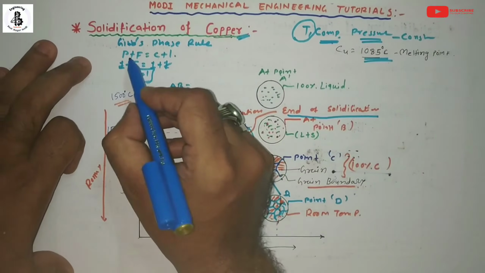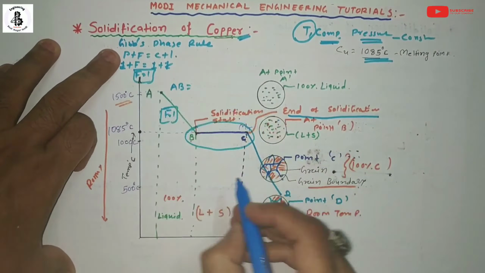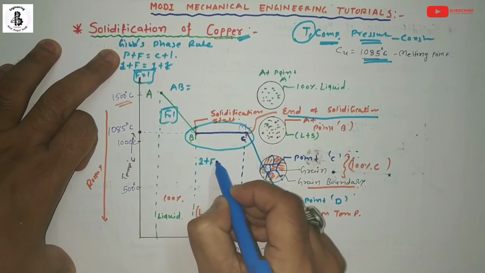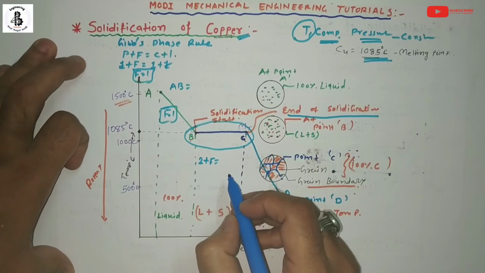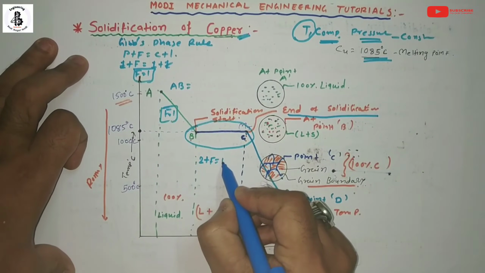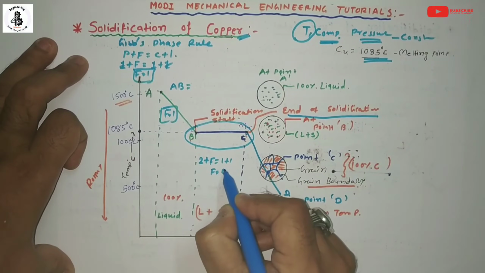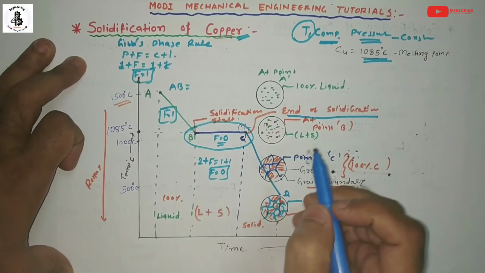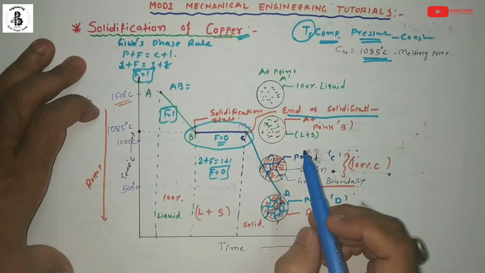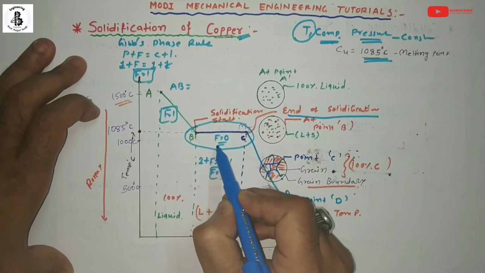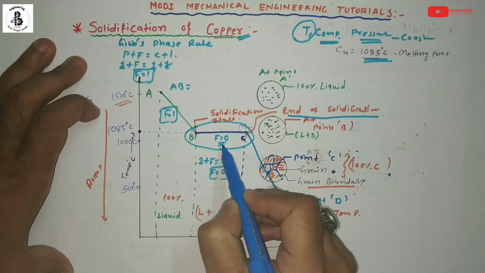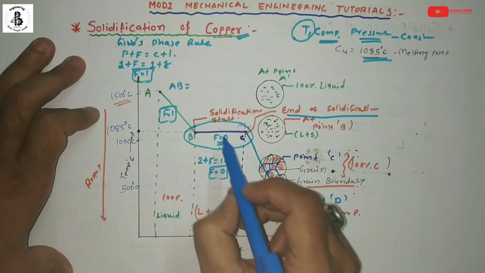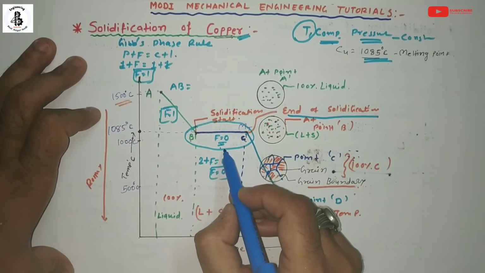Let us apply the Gibbs phase rule. P is 2, plus F, equals C plus 1. C is 1, since a single material is used. So F is equal to 0. Note down F is equal to 0: no single variable can change. That is the constant temperature solidification process, validated by the Gibbs phase rule as F is equal to 0.